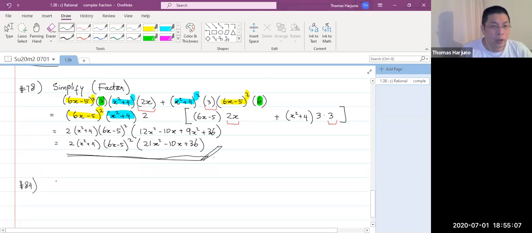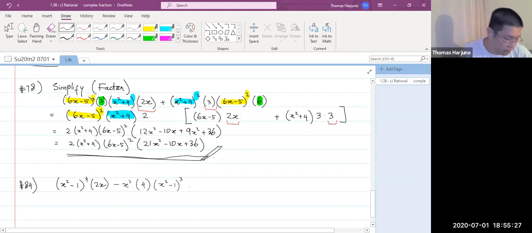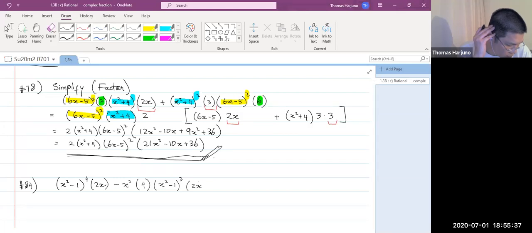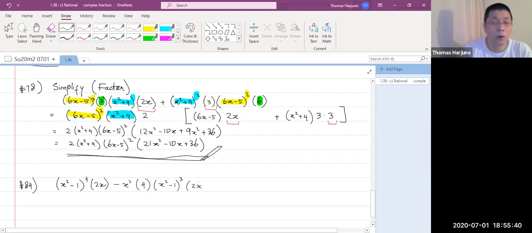Number 84, we have: simplify x squared minus 1 to the 4 times 2x minus x squared times 4 times x squared minus 1 cubed times 2x, over x squared minus 1 to the 8.